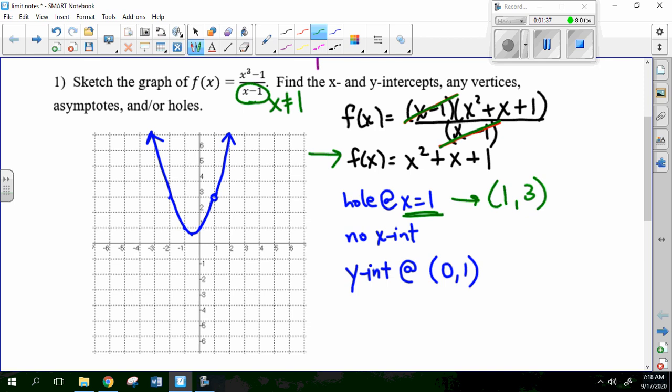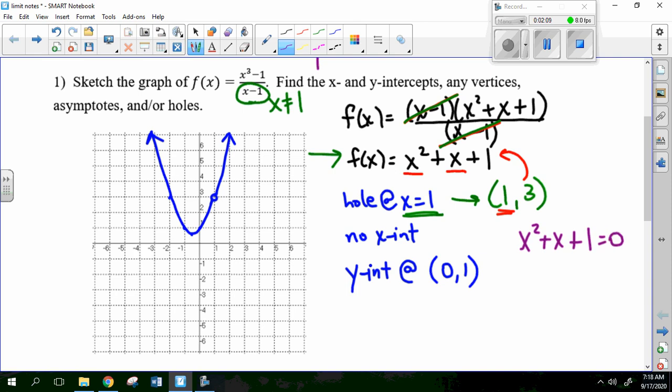Now, a hole is really a point, so I need a y value to go with that x value. I plug the x value into the reduced function and got 3. So now I know my hole is at exactly (1, 3). I already know that there's no x-intercepts, because to get an x-intercept, I would have to take the reduced function and set it equal to 0 and attempt to factor.